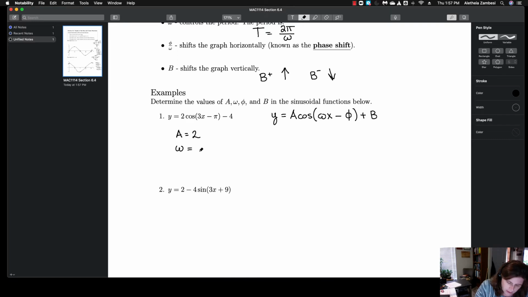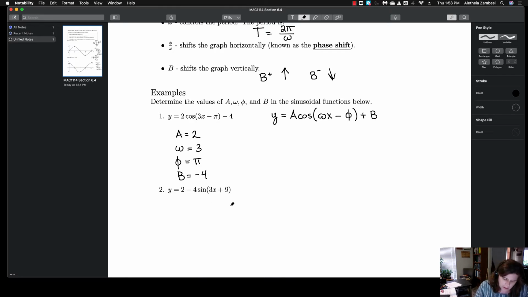Omega would be equal to 3. Phi is equal to pi, and b here is equal to -4. Watch your signs on these, because if you have a negative here, remember that shifts it down. But a negative inside here is part of the formula. So if you have a negative there, then you're shifting to the right.